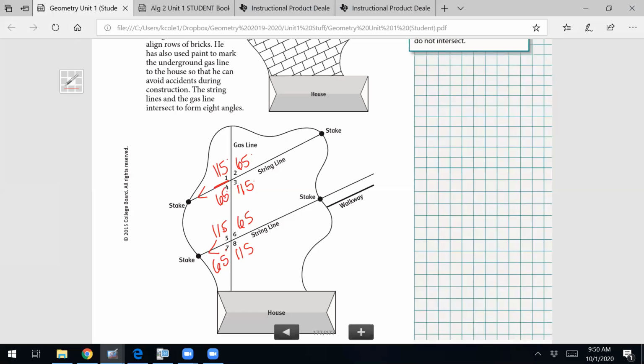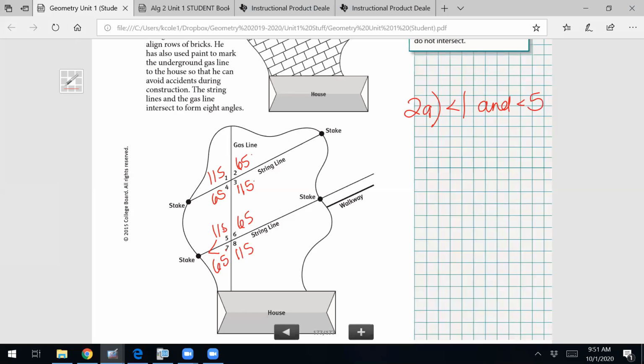So they're non-adjacent. Let me give you an example. It's going to be a little bit easier if I give you some examples. So what number are we doing? This is 2A. So one example is angle 1 and angle 5.